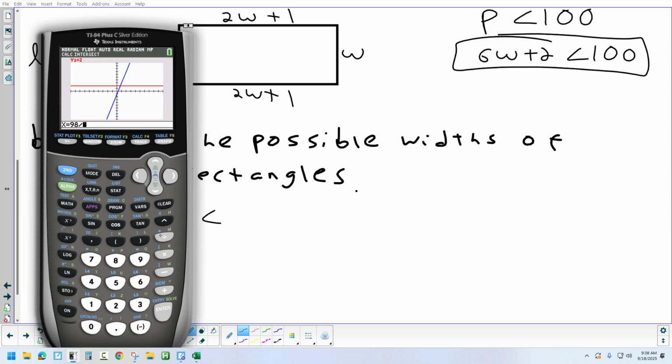So 98 divided by 6, oops, type it in on the screen where you actually can do math, and type in the right problem. All right, so it's 16 1/3. Let's see, 98 divided by 6, that reduces though to 49/3.